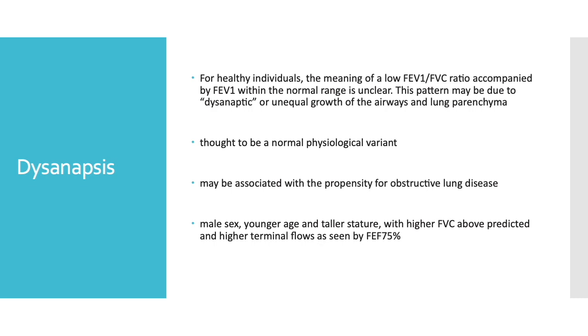Earlier, whenever the ratio was low but FEV1 was normal, it was thought to be normal. But now with data we have seen that these patients may actually develop an obstructive lung disease in the future, or there may be a problem. So here these patients must undergo further testing.